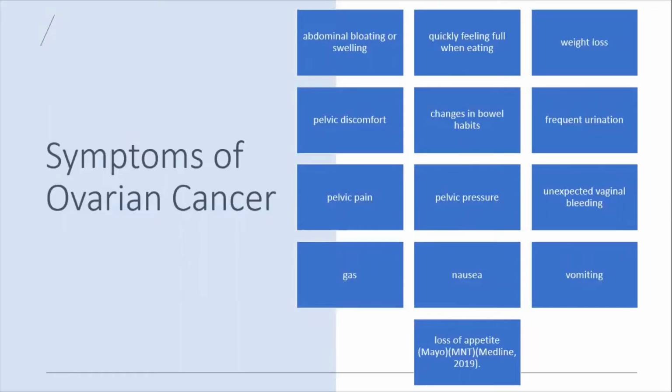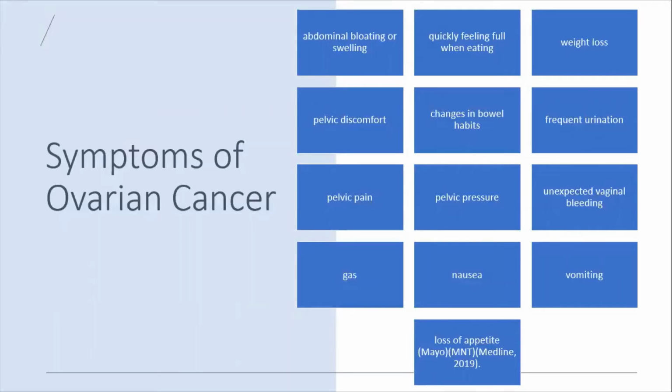Now, someone does not have to have all of these symptoms, and two women may not have the same symptoms. One woman may have abdominal bloating or swelling, changes in bowel habits, and unexpected vaginal bleeding, while someone else may have weight loss, frequent urination, pelvic pressure, and gas.